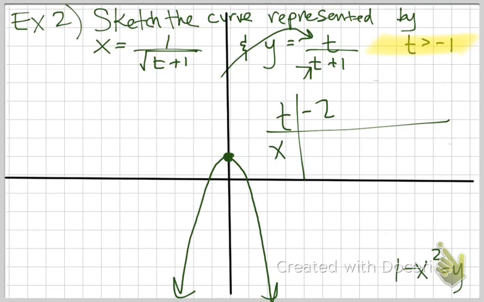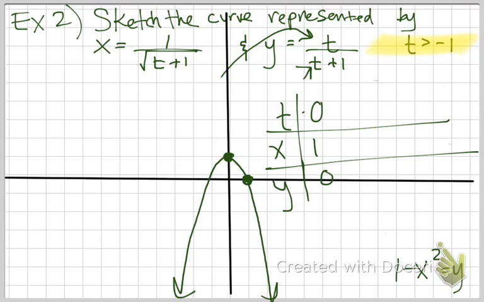So actually, it says t is greater than negative 1, doesn't it? So obviously, I couldn't choose negative 2. Let me choose 0. If I choose 0, I get 1 over the square root of 1, which is 1. And if I plug it into the y equation, I get 0 over 1, which is 0. So I know that it goes through the point 1 comma 0, which is right here.